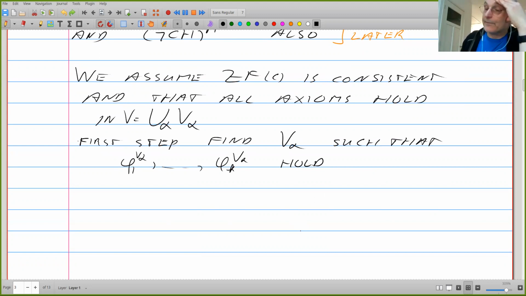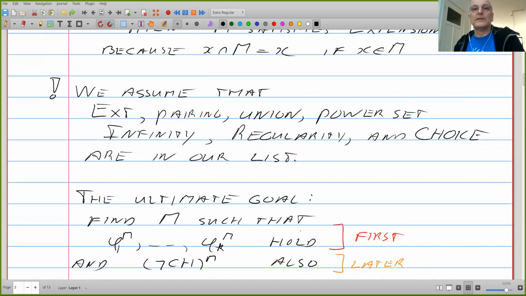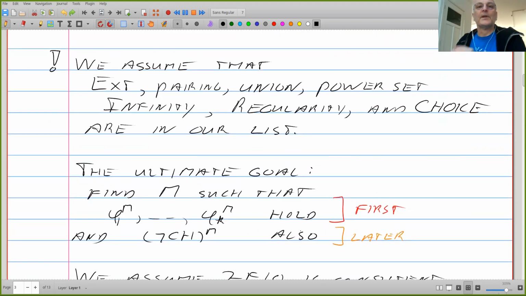Now, for the axioms extensionality, pairing, union, power set, infinity, regularity, and choice, if we assume they hold in V, then they hold in V alpha for many limit ordinals V alpha.